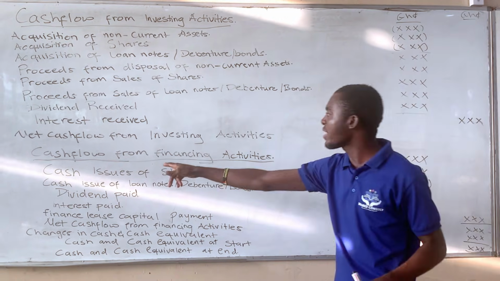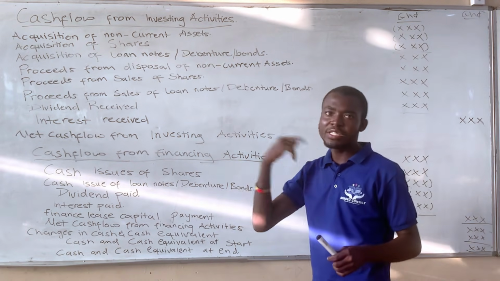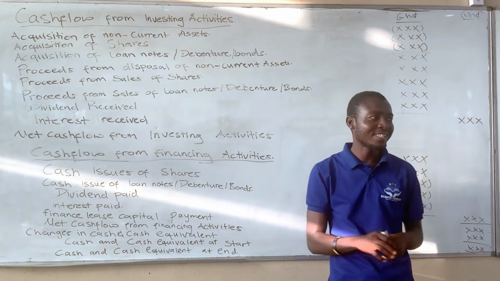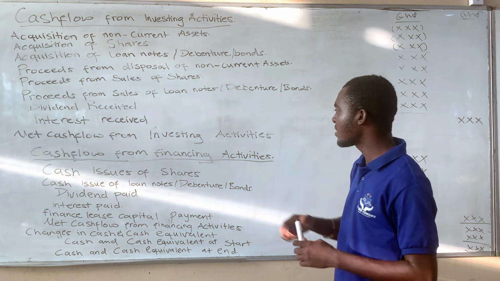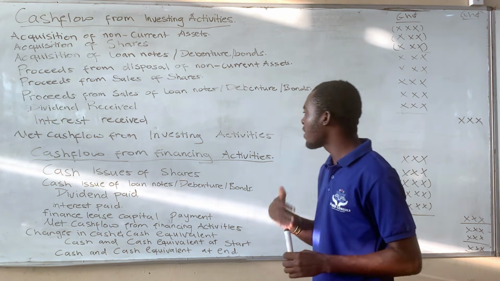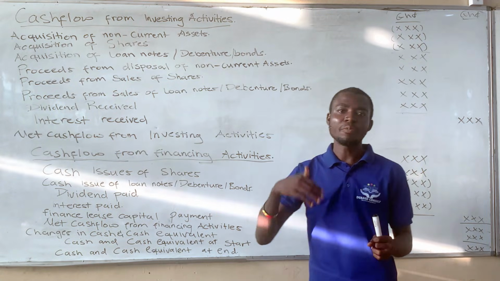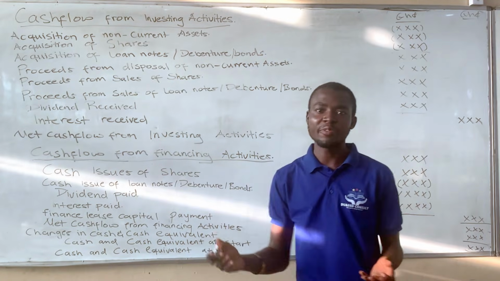And then we proceed with cash flow from financing activities. So when an organization issues shares, the money that we get from the issuance of shares will increase our cash and cash equivalents, so we will add it. And then when an organization takes a loan, or issues bonds or debentures to the public or individuals, it will increase our cash and cash equivalents as well.